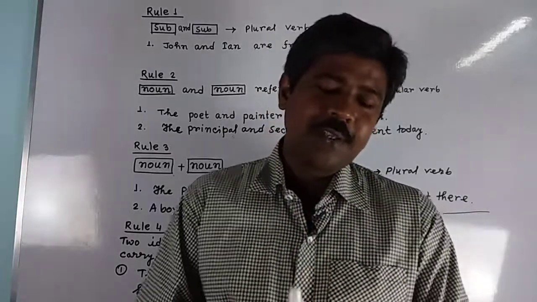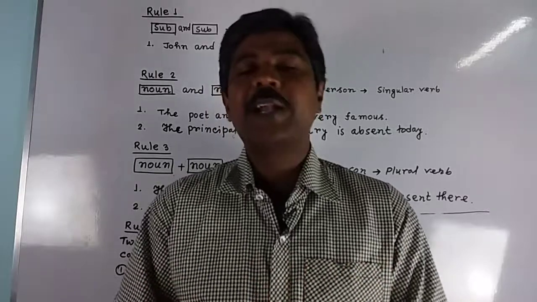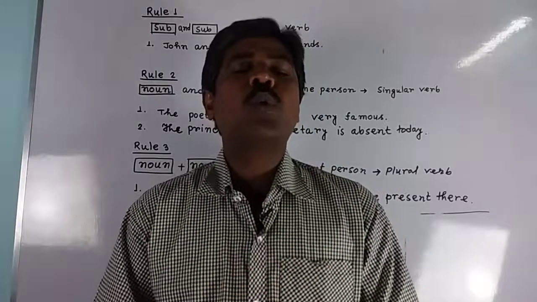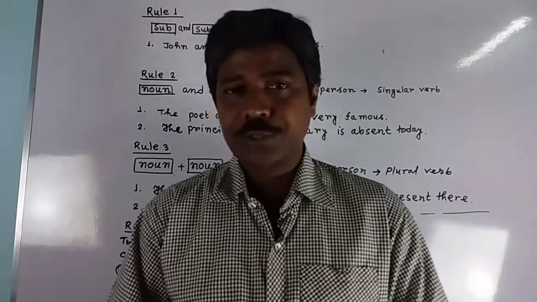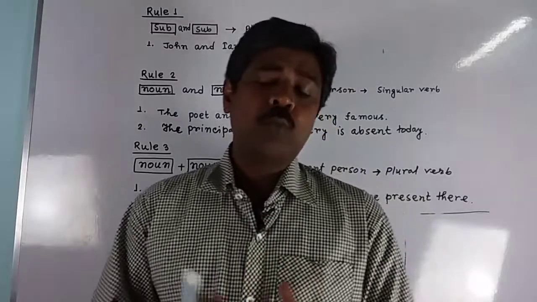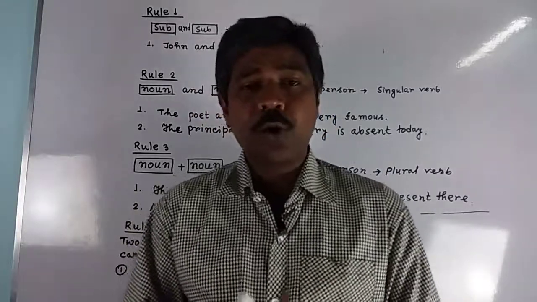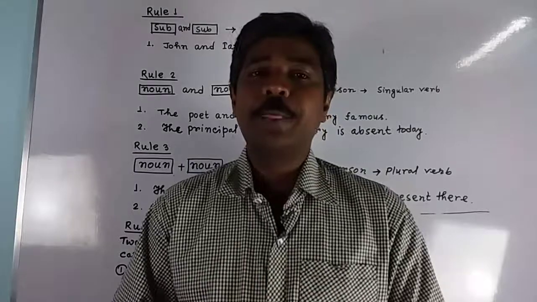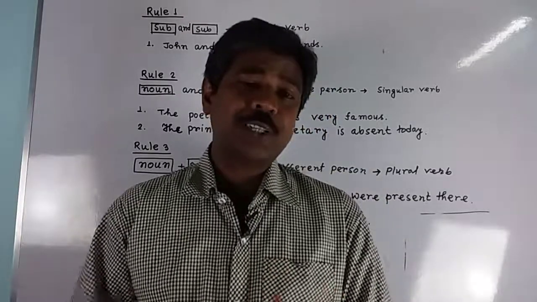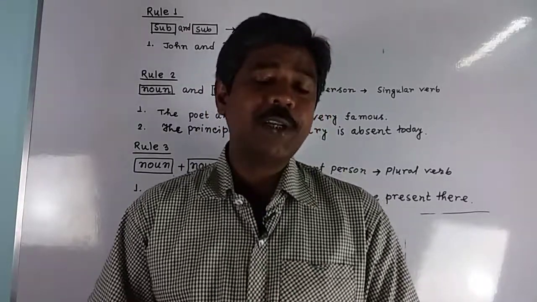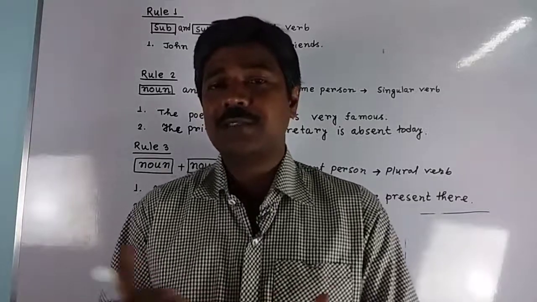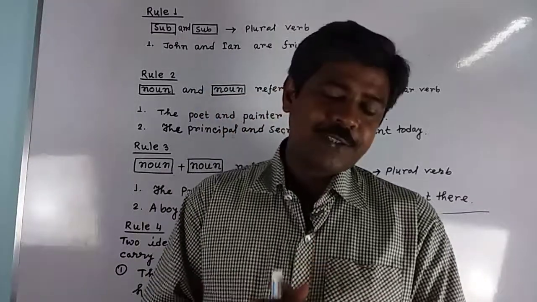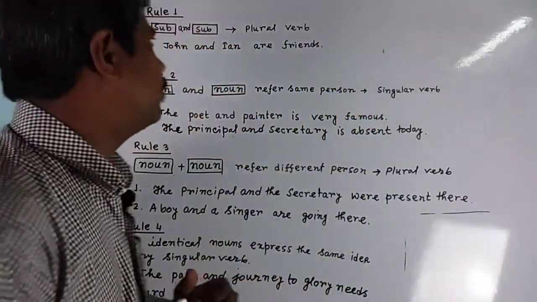So friends, if we want to learn subject verb agreement properly, we have to know at least 40 rules. In one video we cannot disclose all these rules. That's why I'll discuss about 5 to 6 rules today in this video, and in some other videos we'll discuss the rest.